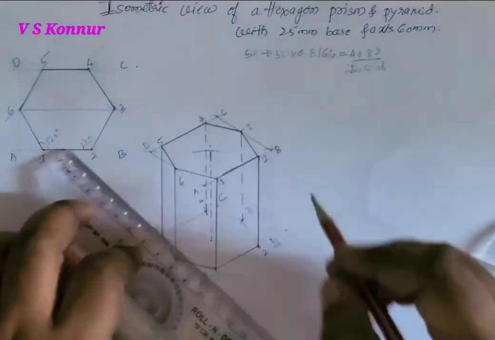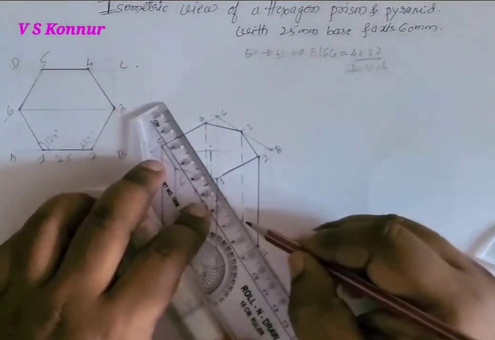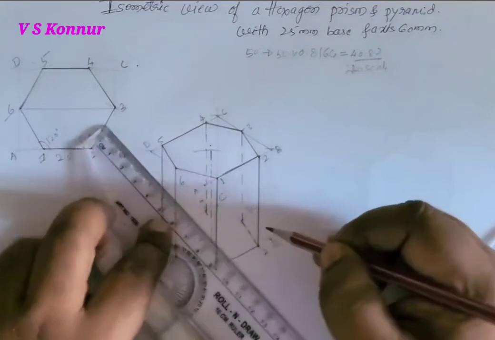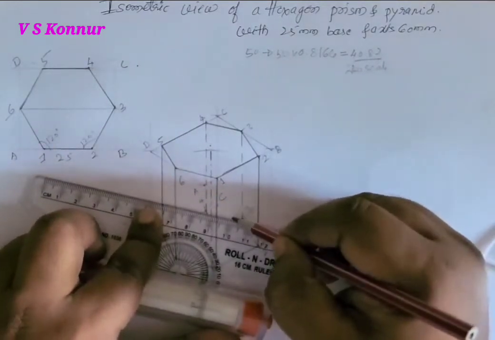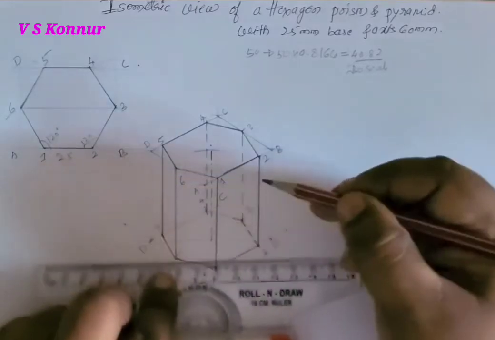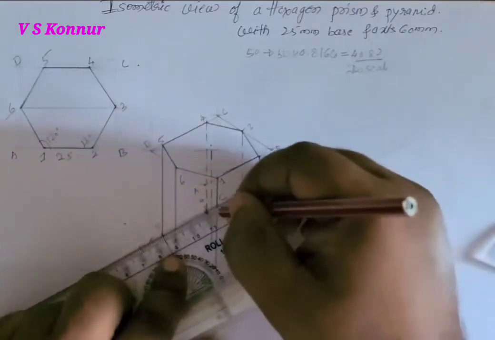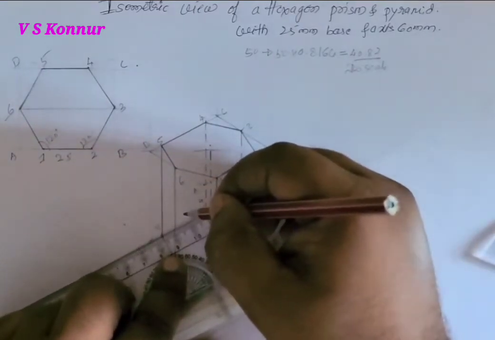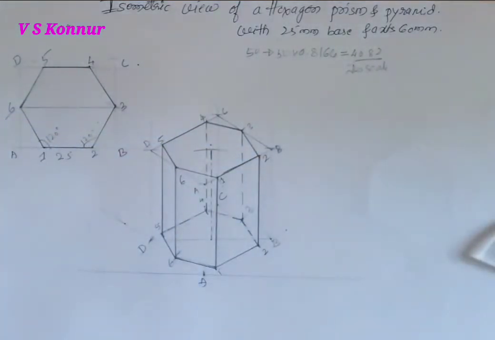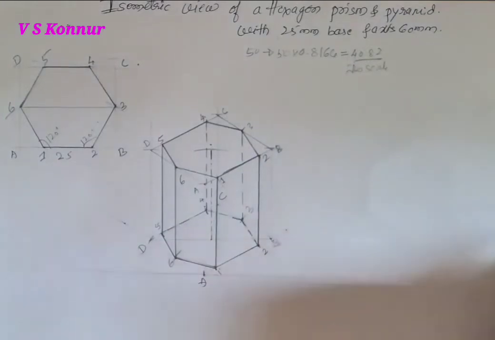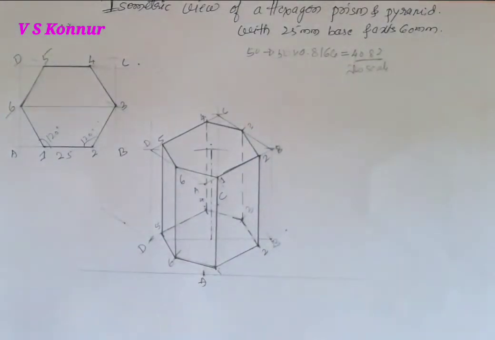These lines are invisible, because of that I am joining with a dash line. So that's why I made thin lines at the beginning. So this is the hexagonal prism. Then we'll go for a pyramid.